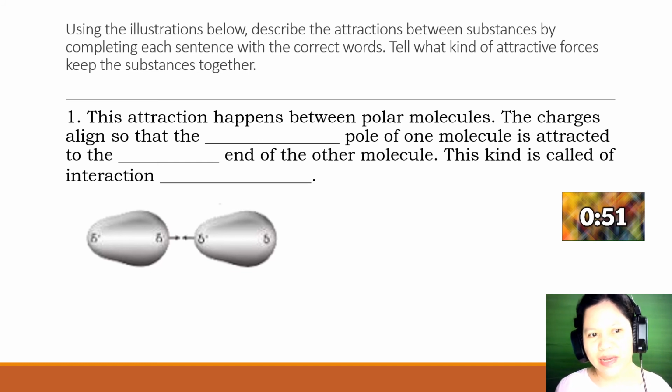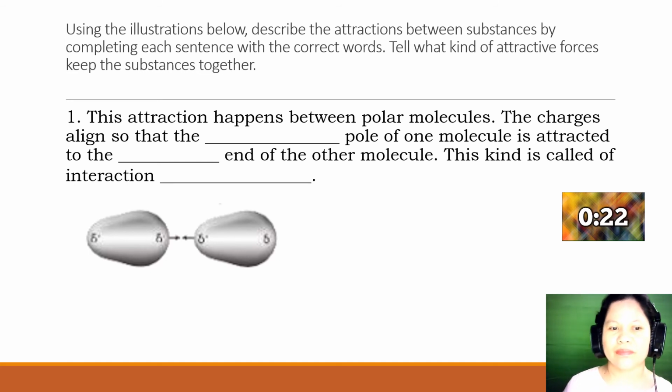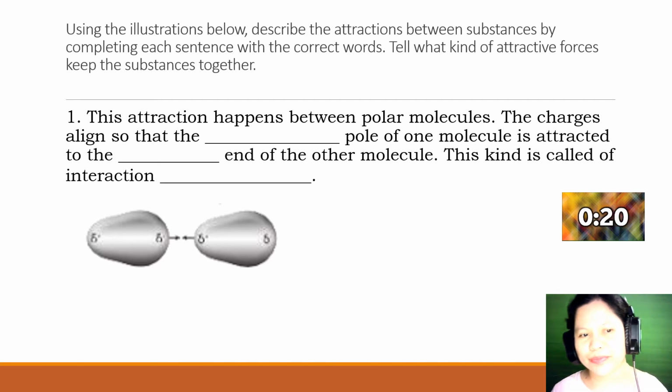The charges align so that the blank pole of one molecule is attracted to the blank end of the other molecule. So this kind is called blank interaction. Look at the arrow.